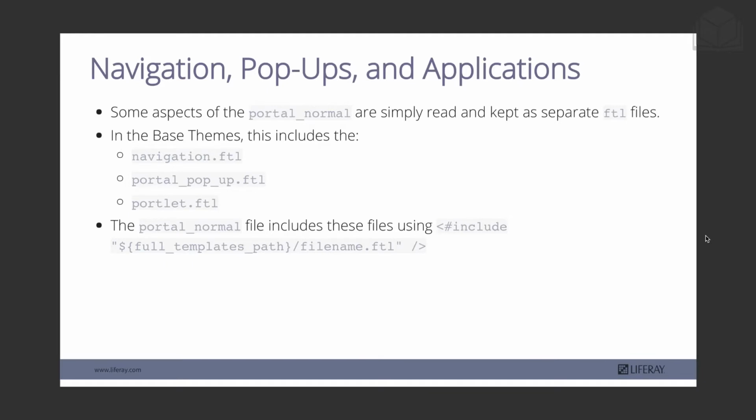Okay. Now the way they're included in our portal normal, again, as we'll see here in a minute, is through the include with the full templates path variable, which is set for us by default. I'll show you that in a second, as well as whatever file name needs to be included. Okay, so what this means for us developers is we can basically create new files if we'd like, and we can simply include them in portal normal.